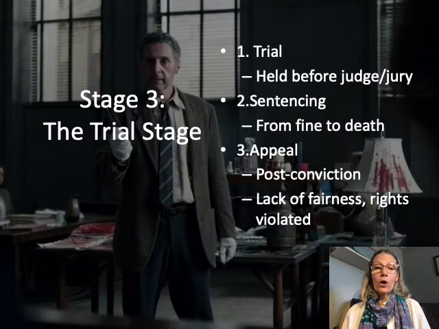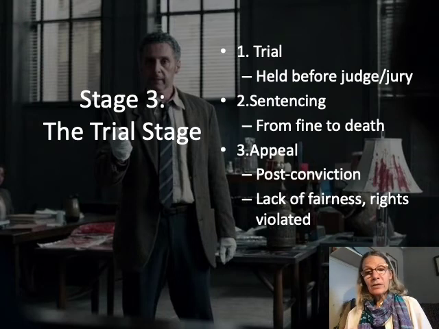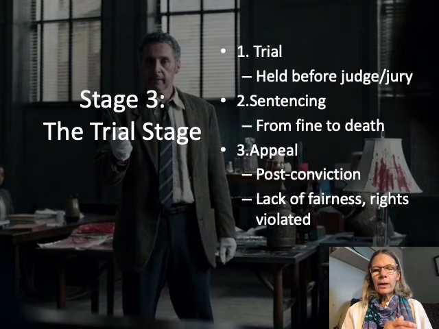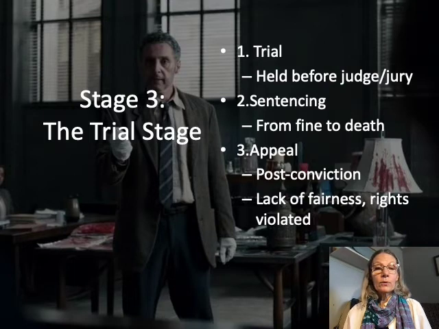And that sentence can go from anywhere to a sentence of probation, home confinement, some sort of fine that they have to pay. And as I mentioned earlier, it could be as severe as incarceration with no possibility of parole, or even the death penalty we still use in the United States.